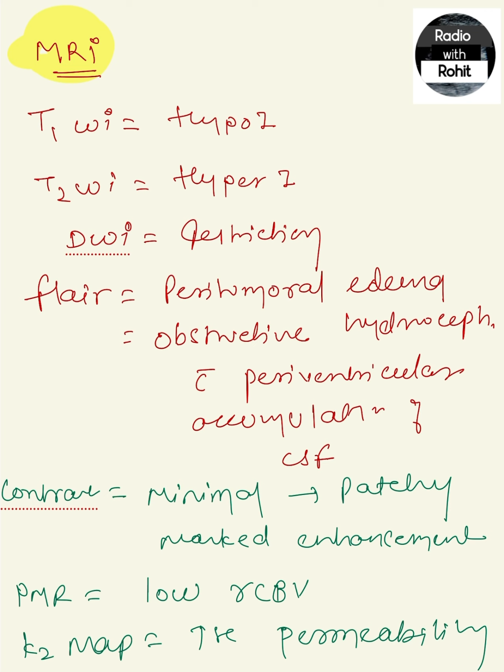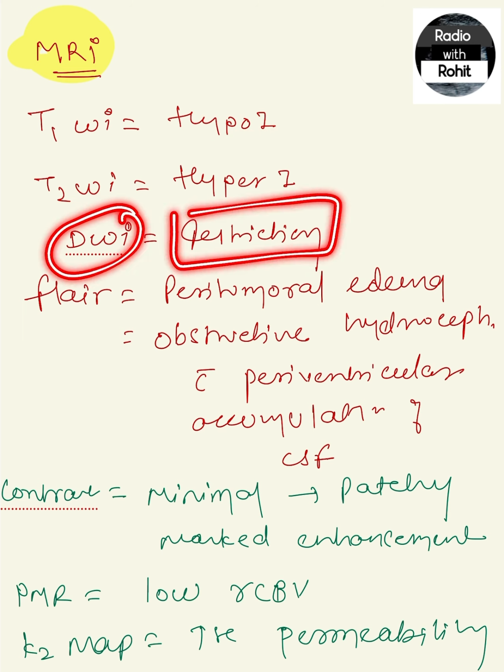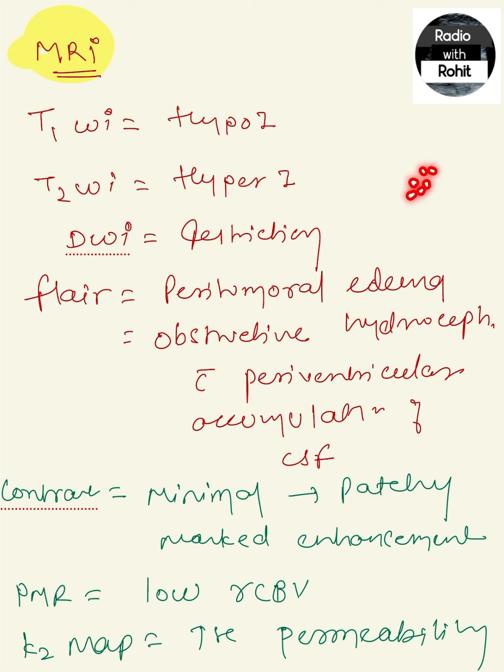So next we are here with the MRI. On MRI, we can see that on T1 weighted image it will be hypointense, and on T2 there will be hyperintensity. DWI shows restriction because the tumor cells are very compact, a hypercellular tumor, which shows restriction on DWI. So hypointense on T1, hyperintense on T2, showing restriction on DWI.